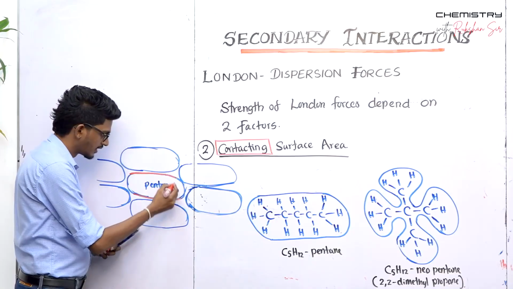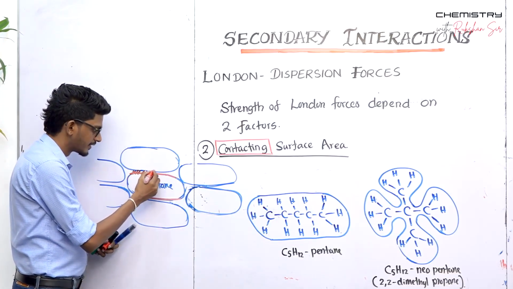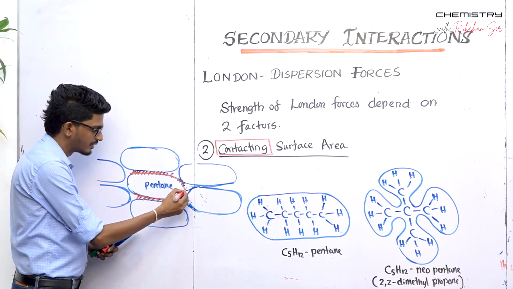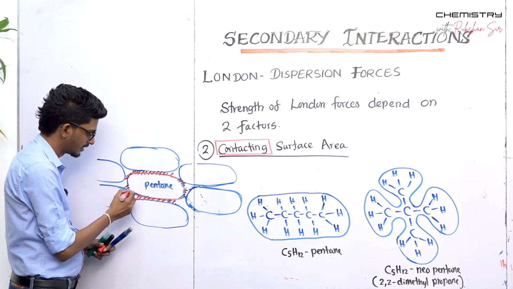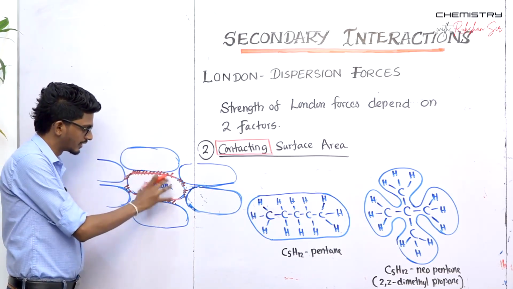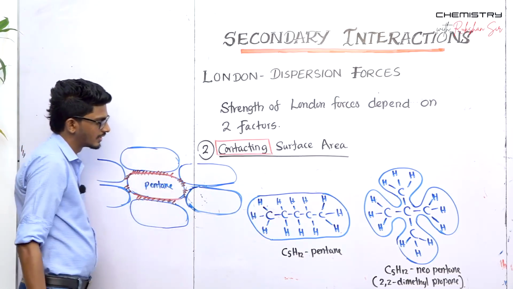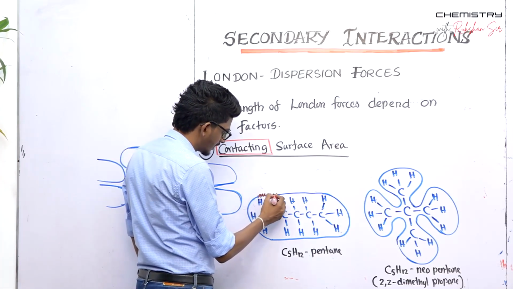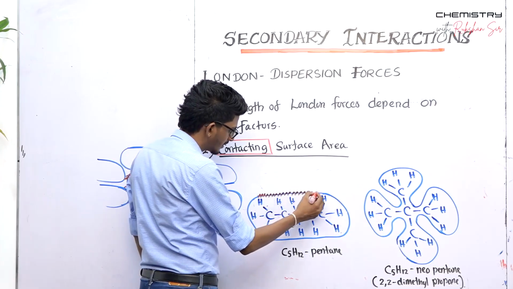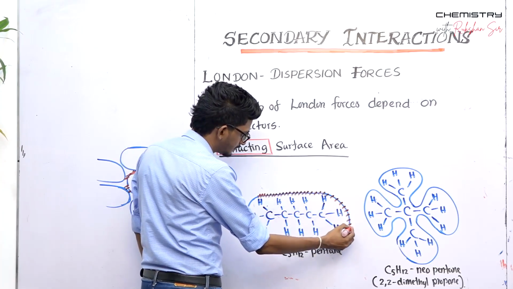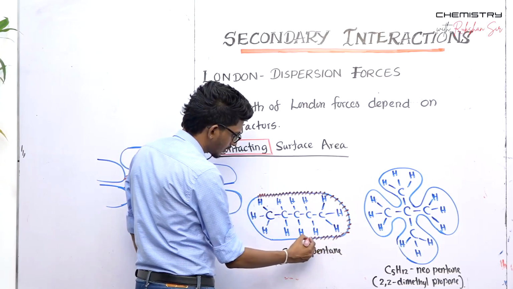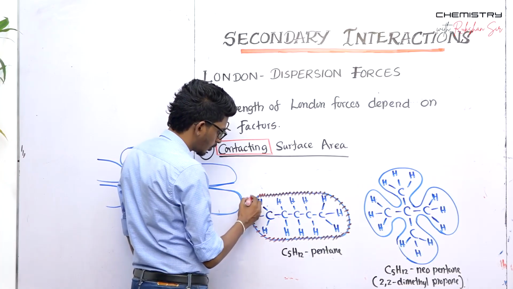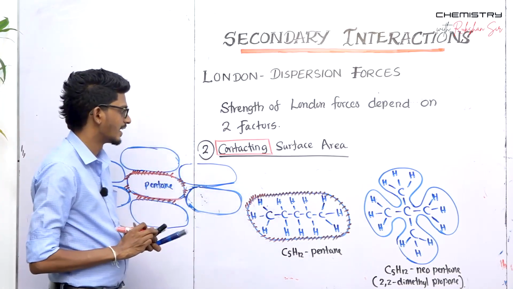It can make bonds with other pentane molecules here, and here as well. So as the contacting surface area, we can take the total surface area of the pentane molecule.